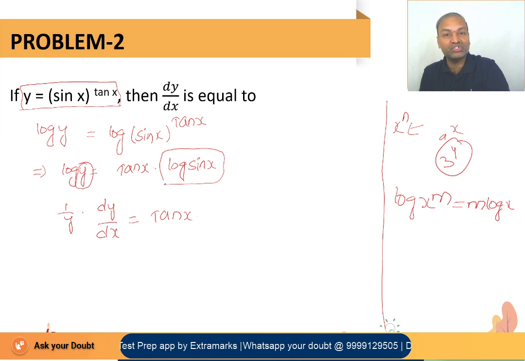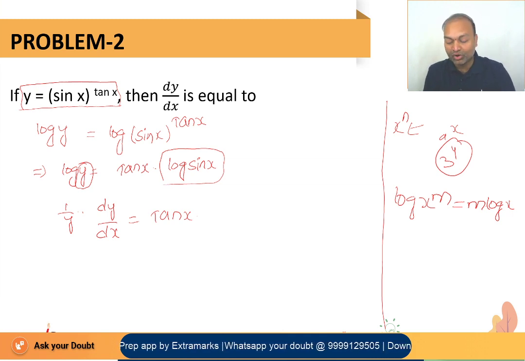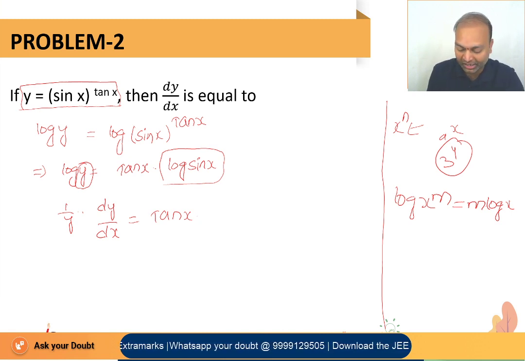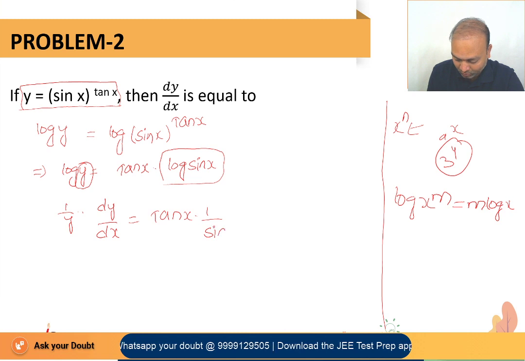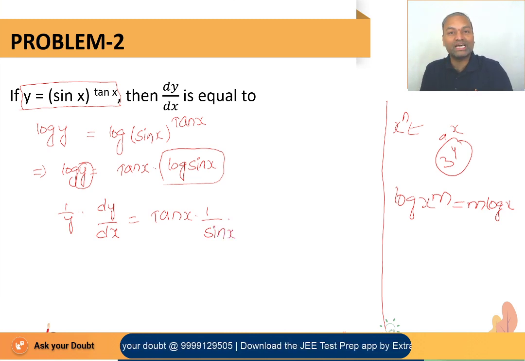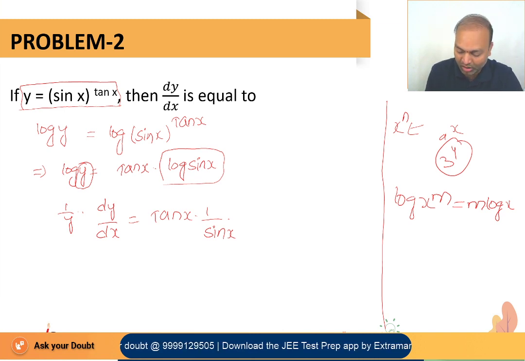Once again apply the chain rule. It is in the form of log x. Log x derivative is 1 by x. So 1 by sin x into derivative of sin. Sin derivative is cos x.